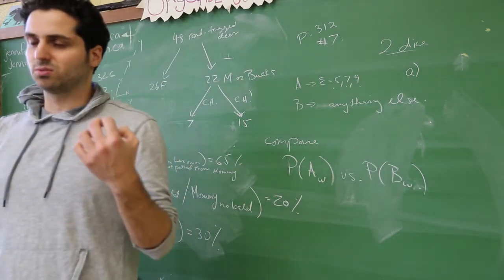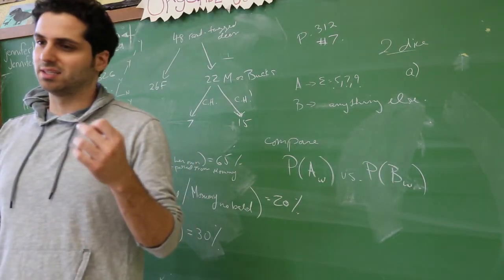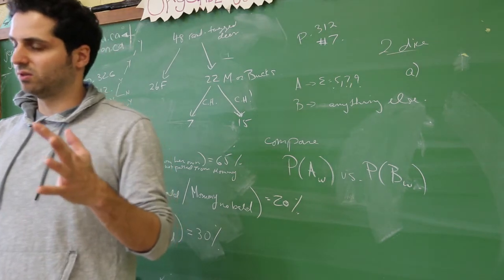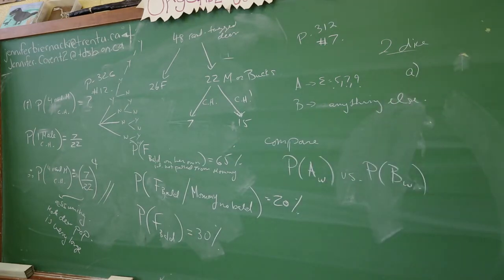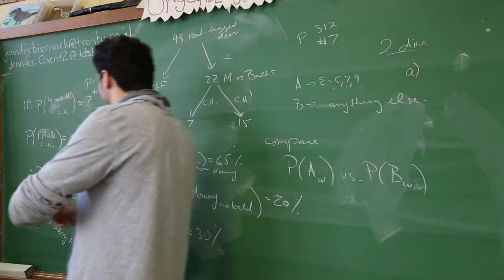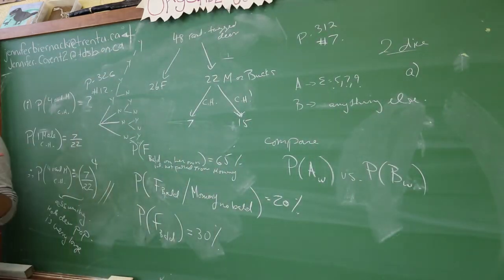If you draw an ace, what's your probability of getting an ace again? 3 out of 51. If you didn't draw an ace, what's your probability? 4 out of 51. So in actual fact, once one has been selected, the probability of another one being selected changes. So it's actually a conditional probability there, right?